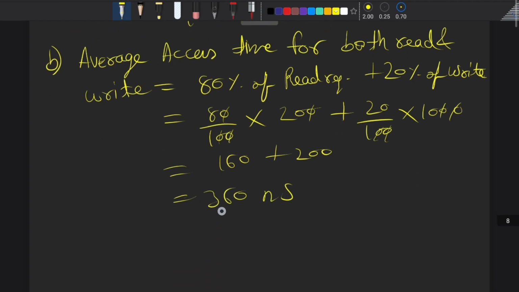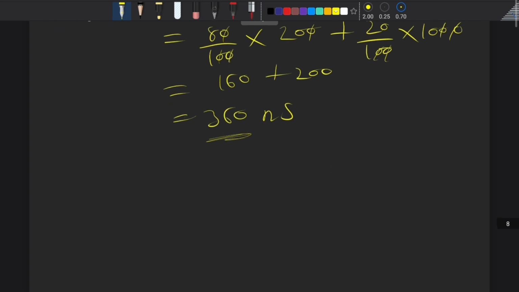So we have found another answer, that is the average access time for both read and write, and it is 360 nanosecond.